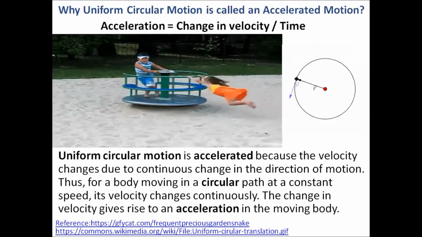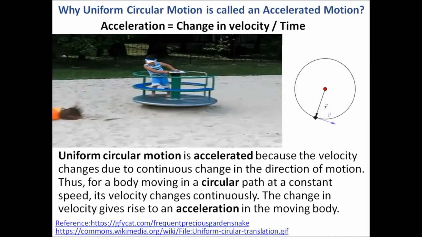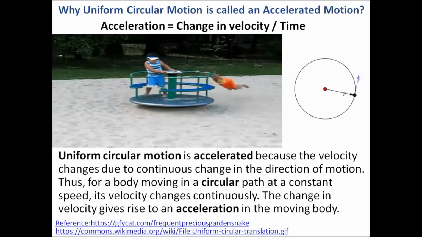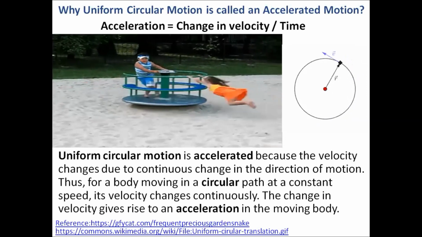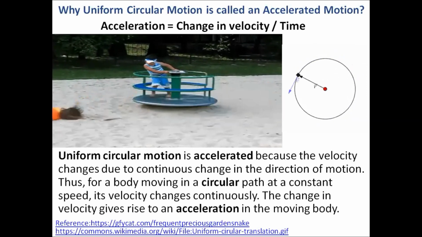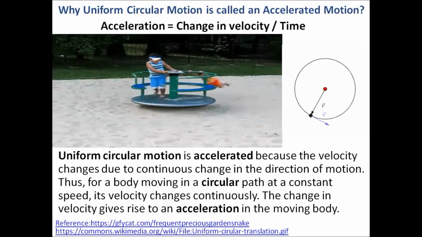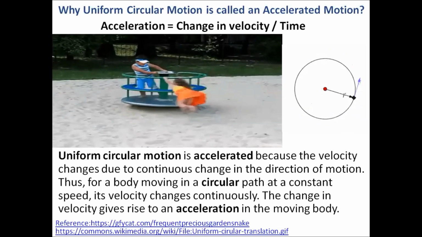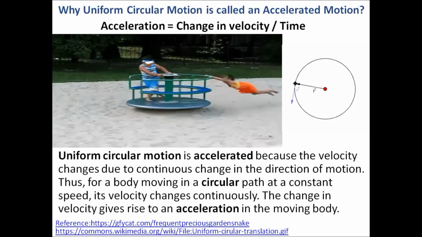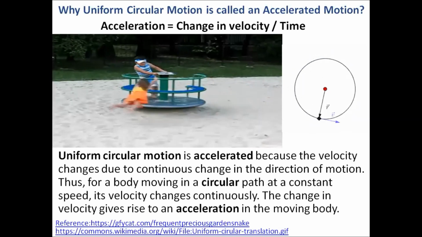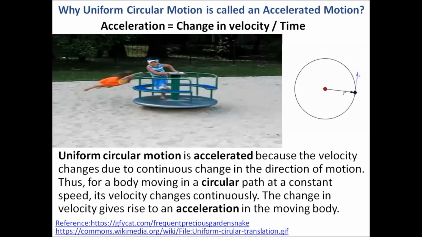There is a common question related to uniform circular motion which is usually asked in exams. Why is uniform circular motion called an accelerated motion? See, when a body moves in uniform circular motion, its speed remains constant, but its direction changes at every point, as shown in the animation.